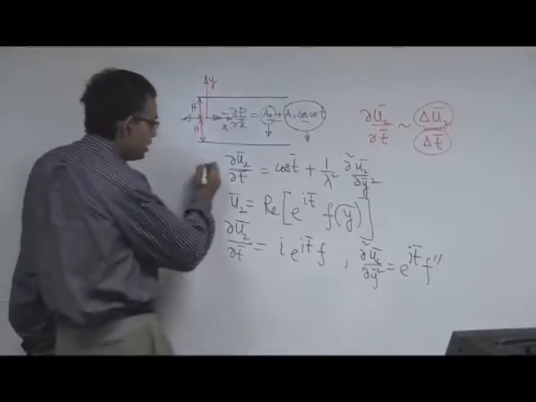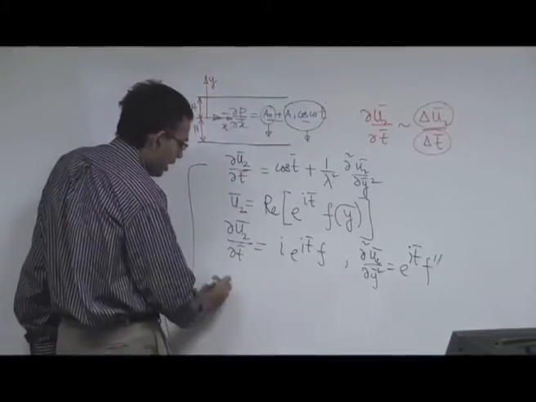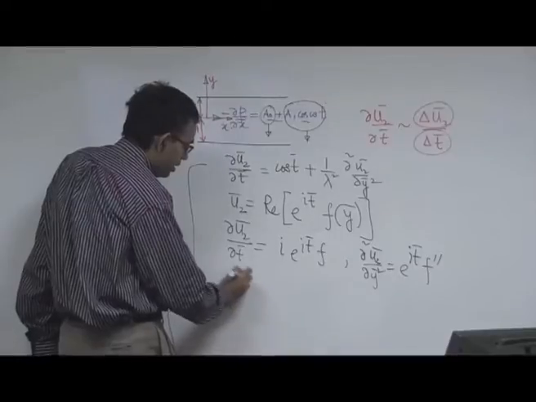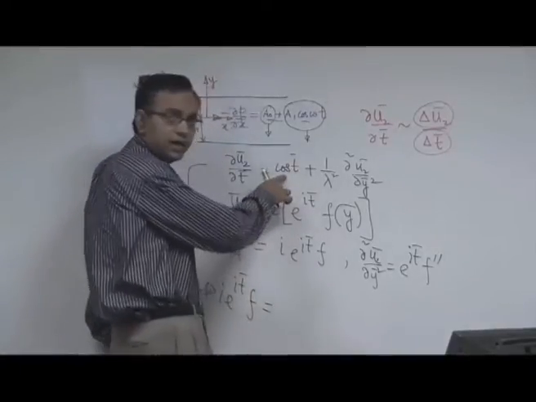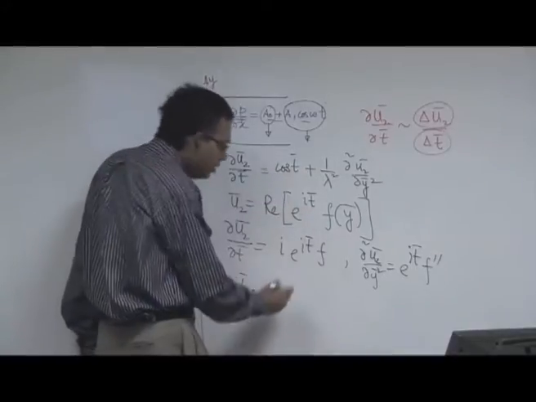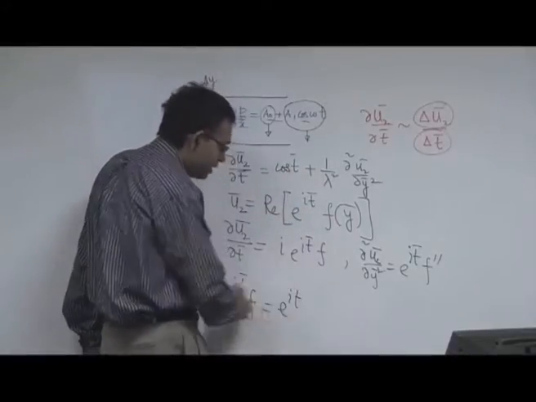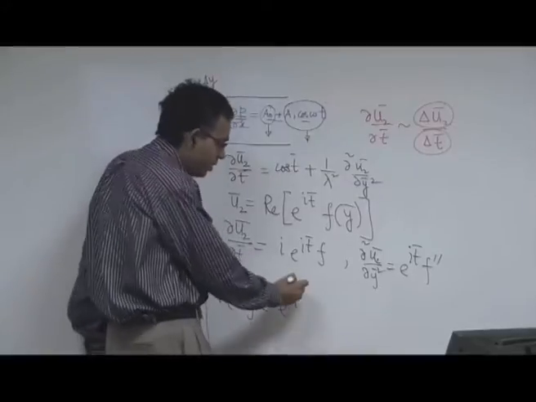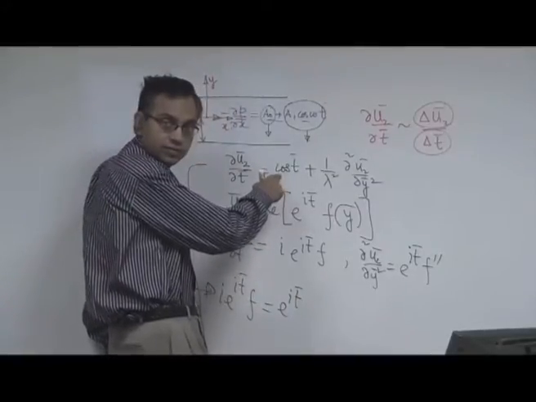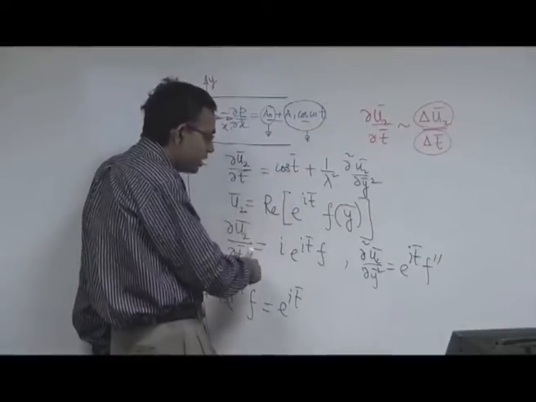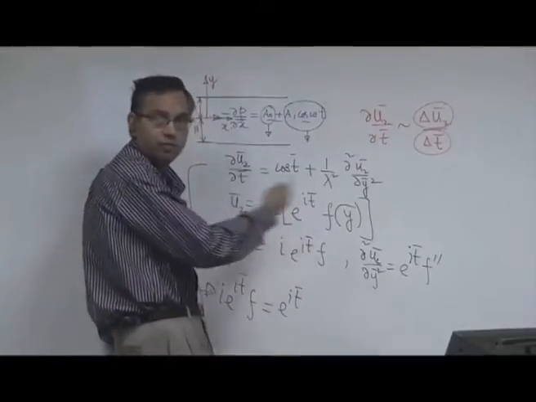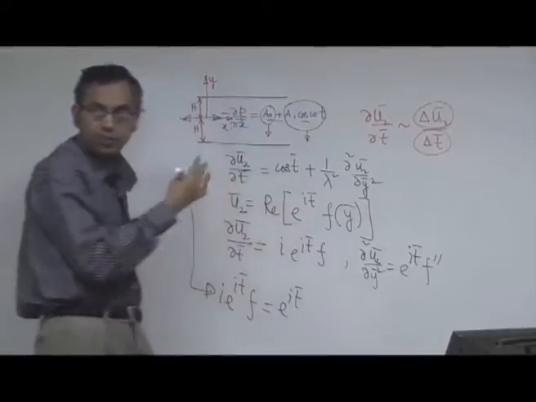So, this equation gives I e to the power I t f is equal to, what we will write for this, e to the power I t, because it is real of both sides, and real of e to the power I t is cos. Okay. So, this equation is obtained by doing all these things and taking real components of both sides.